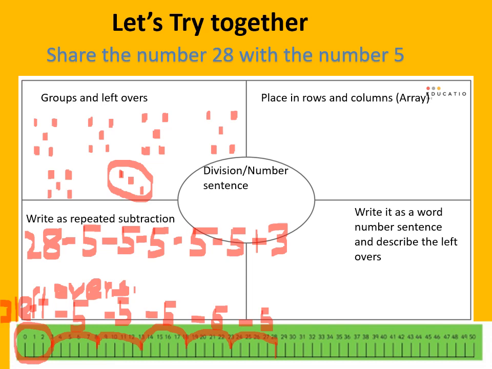So let's go. We need to have 1, 2, 3, 4, 5 rows. We're going to have 5 in each row.